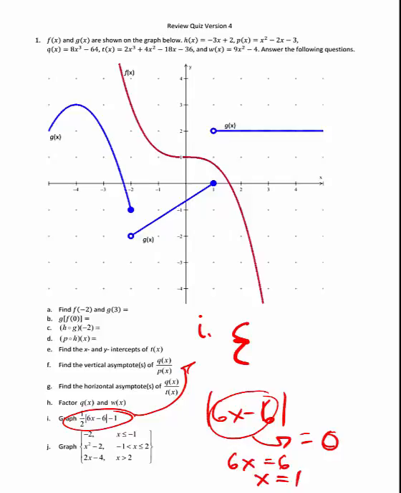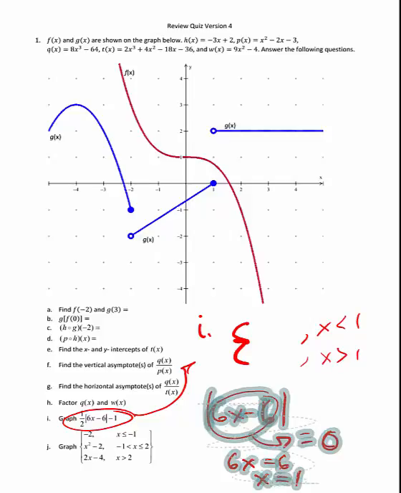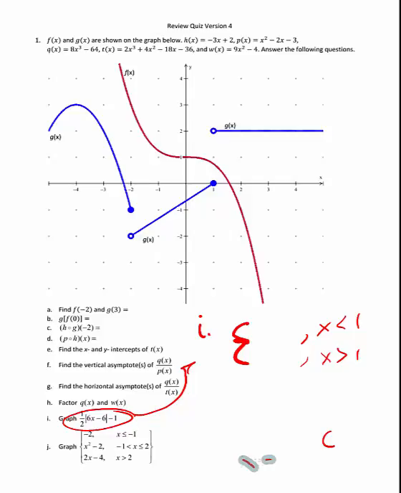So we know it changes when x is less than 1 and when x is greater than 1. And so when x is less than 1, we take that absolute value and we turn it to be a negative parentheses. So it's like having negative 1/2 times 6x minus 6 minus 1.